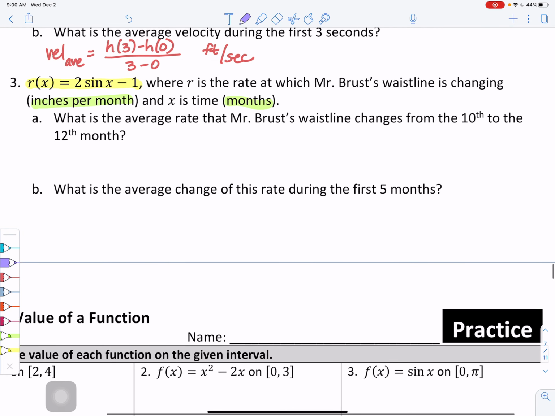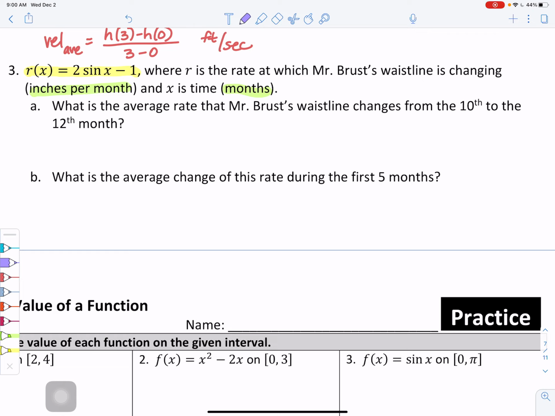What is the average rate that Mr. Bruce's waistline changes from the 10th to the 12th month? Okay, that is the average of our function, because that rate is the function. So this is going to be the average value of that function.